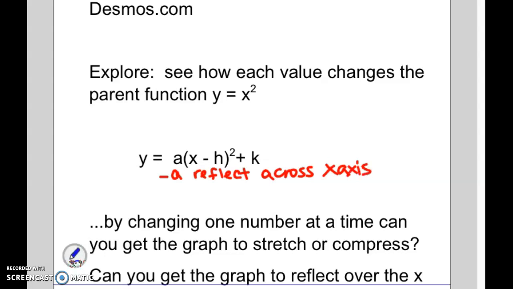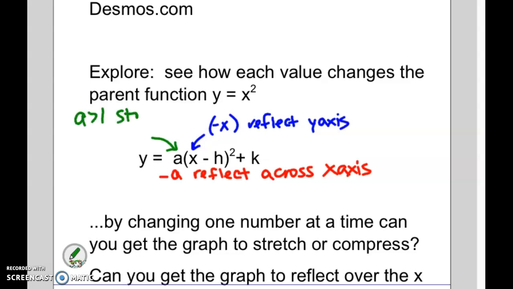If you were to put the negative right inside the parentheses, right, then it would be a reflect across the y-axis. And if we have our a, right, if we look at this a value, if a is greater than 1, it's a stretch. And if a is between 0 and 1, it's a compression.